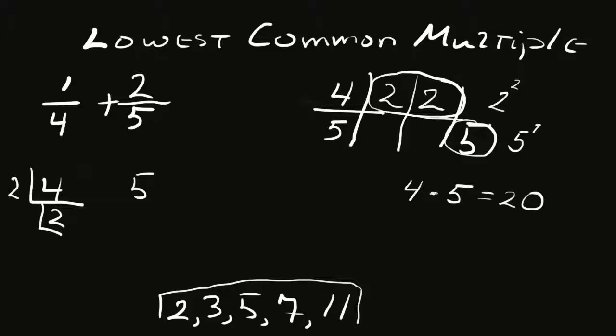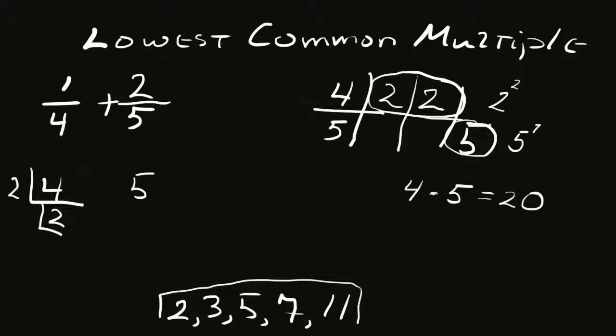The very best that 2 can do is appear twice, 2 squared. The very best that 5 can do is appear once in these two numbers. So when everybody, here the 2 and the 5, do their very best, that is, turn into a 4 and a 5, then you get the very least common multiple.